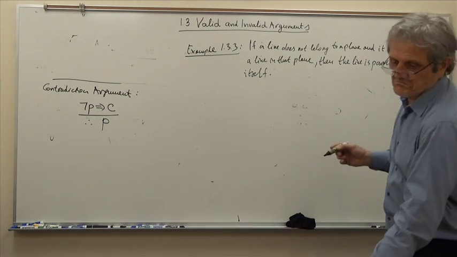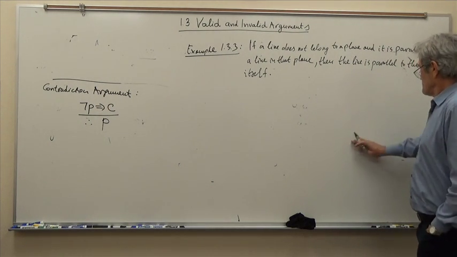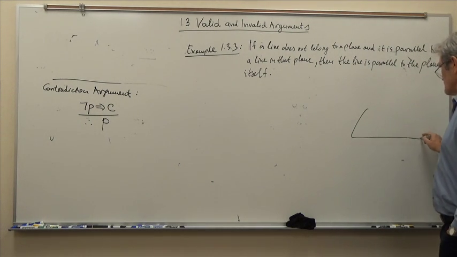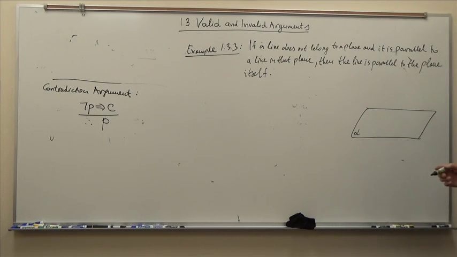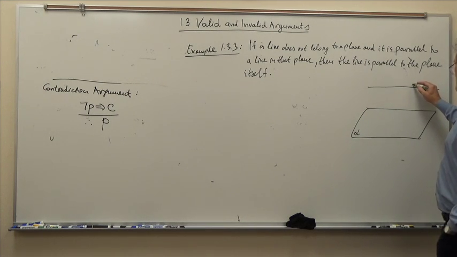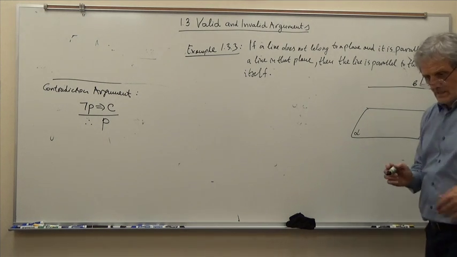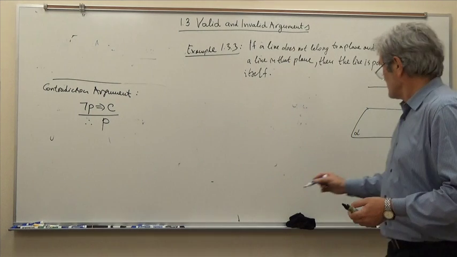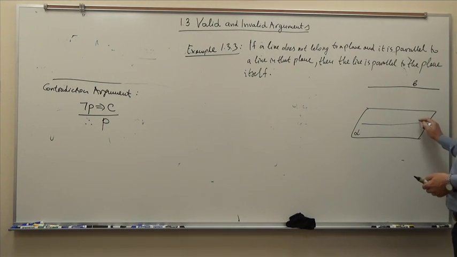Here is a statement from basic geometry books. Let me just draw a picture to illustrate what they want to say. So here is a plane, let me call it alpha. And let this be a line B. And then let us assume that line B is parallel to line A that belongs to the plane.